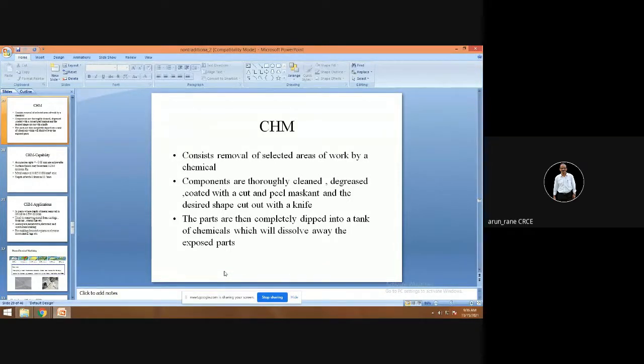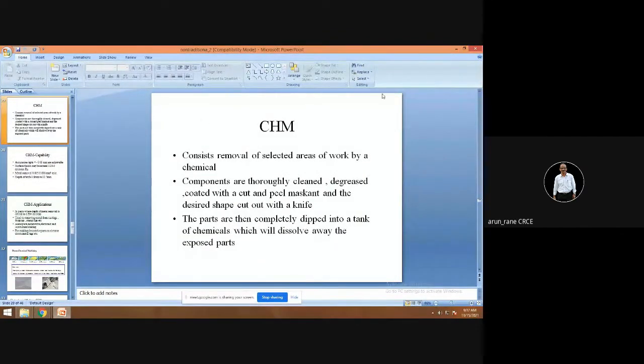So it is nothing but removing selected areas by use of chemicals. Initially the component has to be cleaned properly, degreased, and then coated with a maskant, and the desired shape is cut out with a knife on the maskant. That is, suppose you have a plate, and you want to cut a circle.